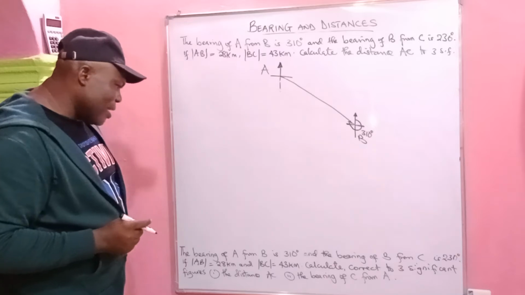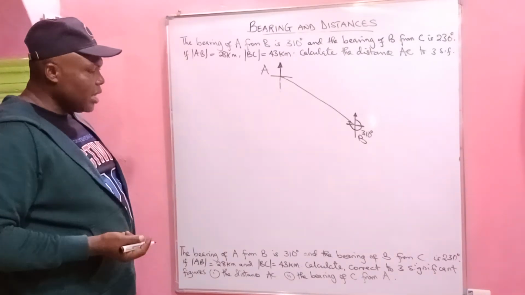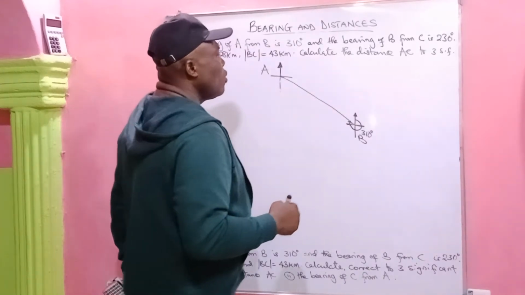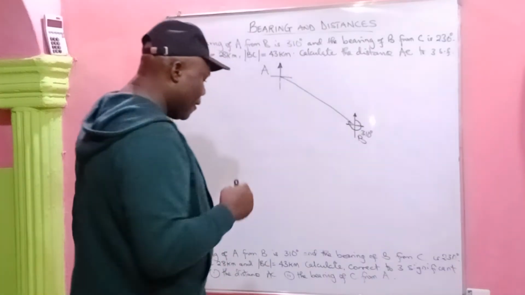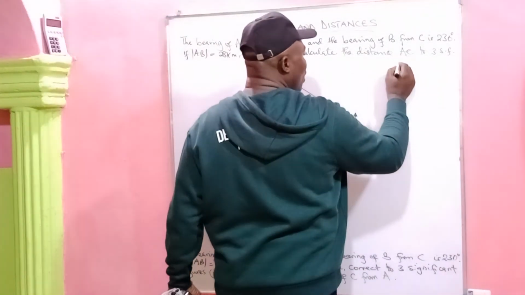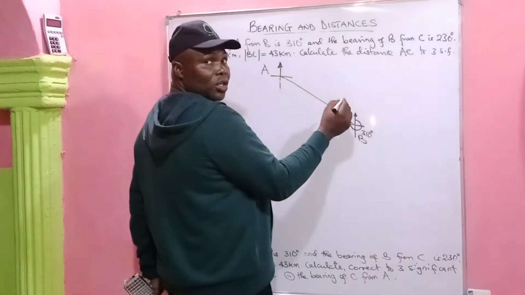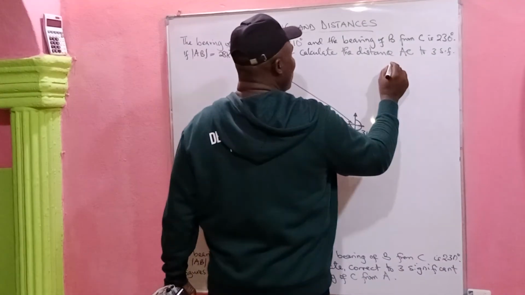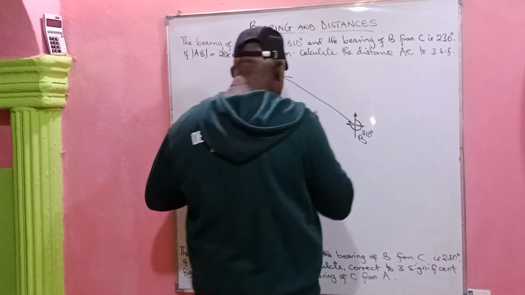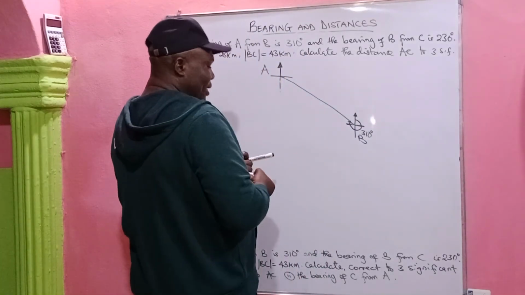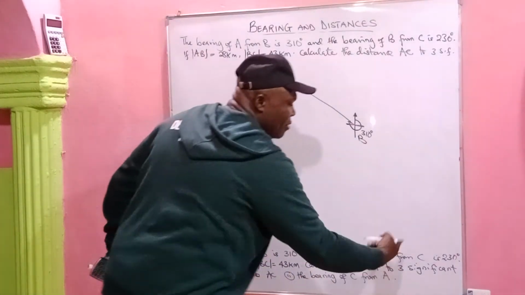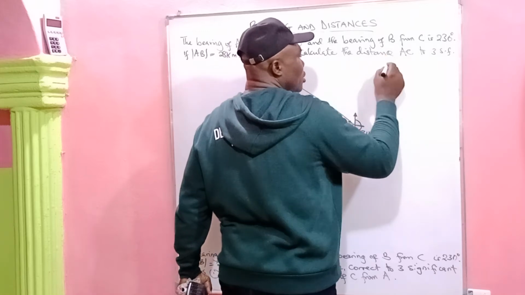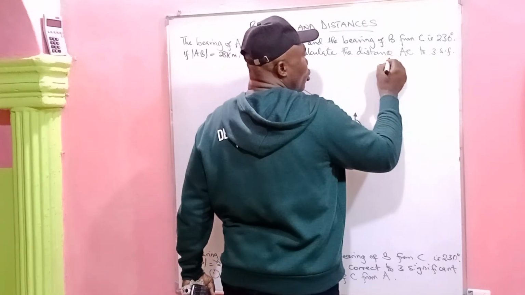Now they said the bearing of B from C. So from C, if you want to get to B, you have to move 230. That means B will be somewhere here, because 230 will swing us in this direction. So the point C is here, this is the North Pole.